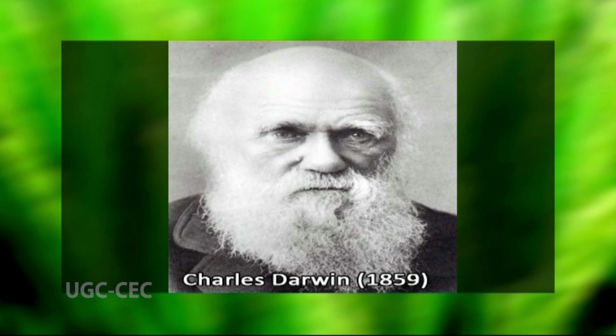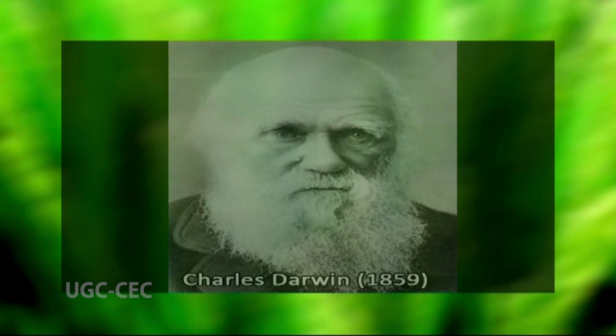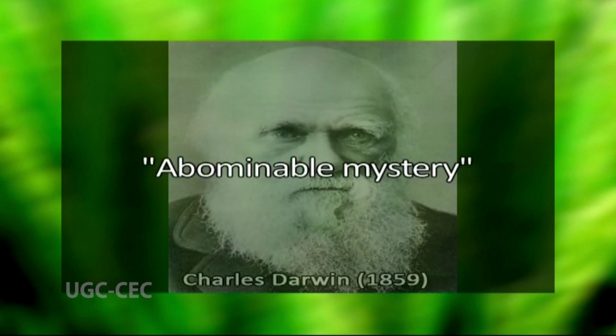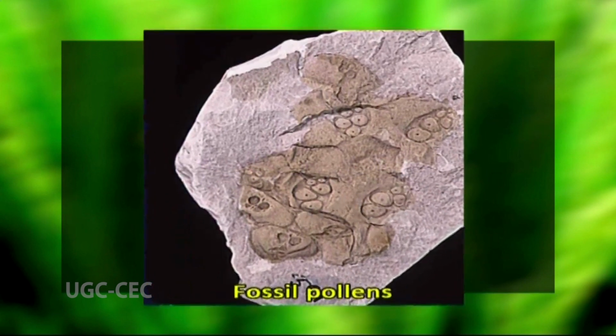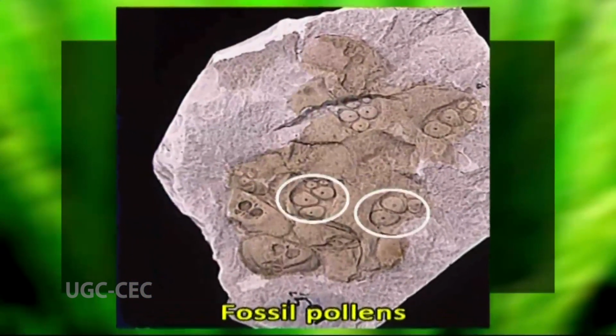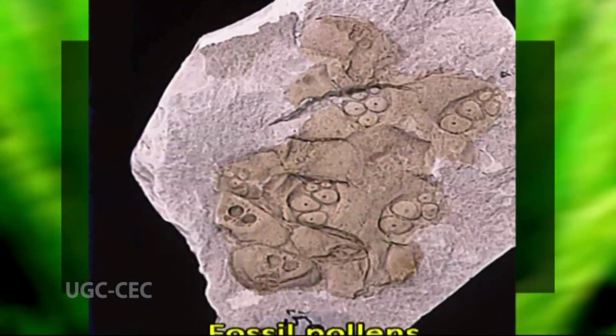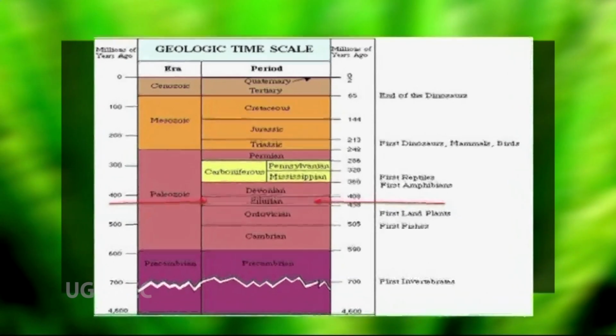Charles Darwin, an evolutionary biologist, once remarked on the relatively rapid evolutionary diversification of angiosperms; he used the phrase "abominable mystery." The earliest fossil record of angiosperms is in the form of pollen grains that have been recorded from the earliest Cretaceous period.